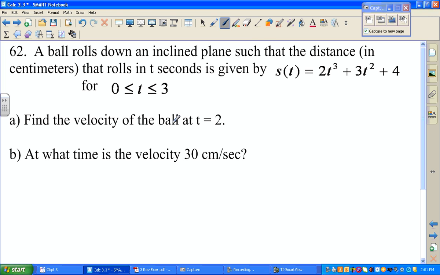Just a minute. Let me ask you 2 questions. I'll ask one of Alex, one of Sam, and if they get them wrong, Tamer will answer. How do you find velocity? Alex, how do you find the time at which velocity is 30 centimeters per second?